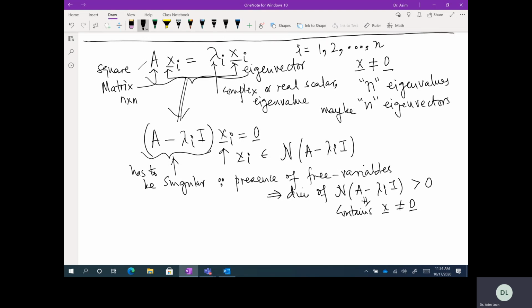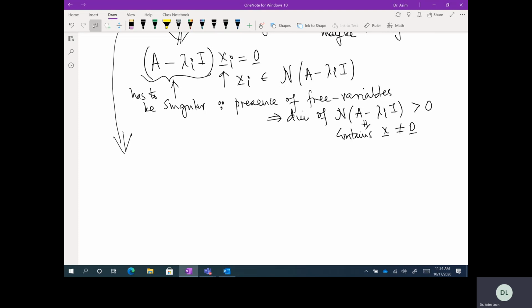Let's expand on this equation. If we expand it, this is A times x1, A times x2, so these are columns, A times xn, equals, obviously corresponding columns are equal.